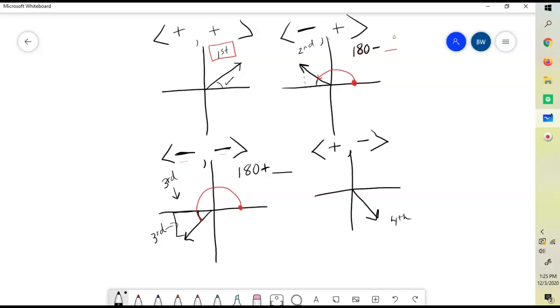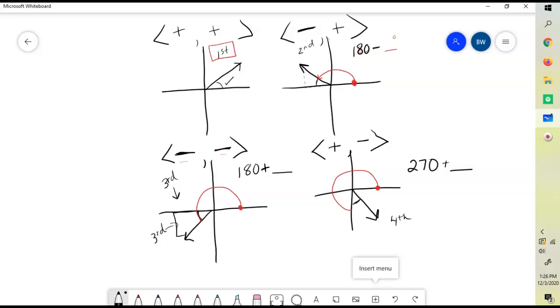In the fourth quadrant, again think about your origination point here in the first quadrant, and you're traveling 180 and you're traveling 90 more, so 270 degrees gets added to whatever angle amount you have in the fourth quadrant.